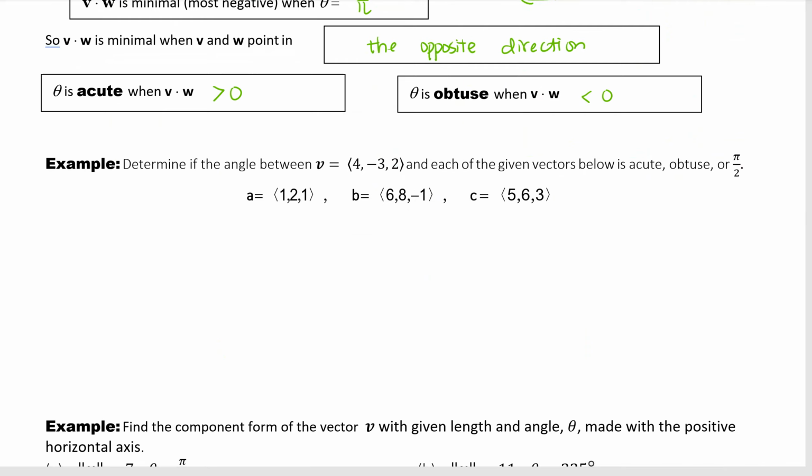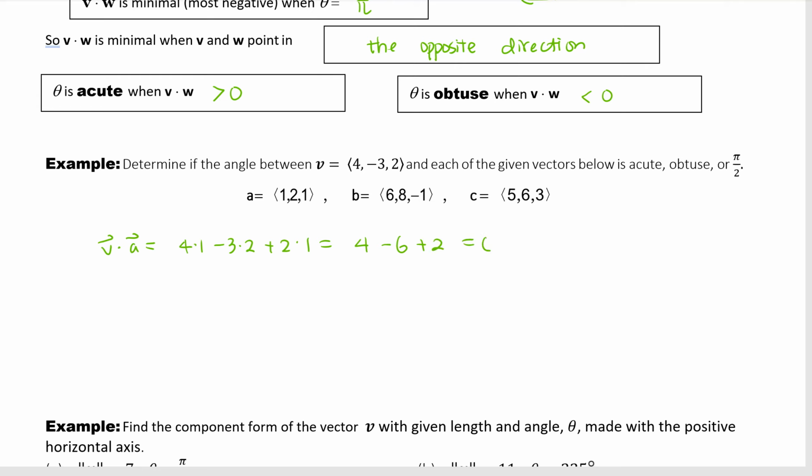Determine if the angle between V and each of the given vectors below is acute, obtuse, or pi over 2. Okay, so let's do it. V dot A equals 4 times 1 minus 3 times 2 plus 2 times 1. 4 times 1 is 4, 3 times 2 is 6, 2 times 1 is 2.